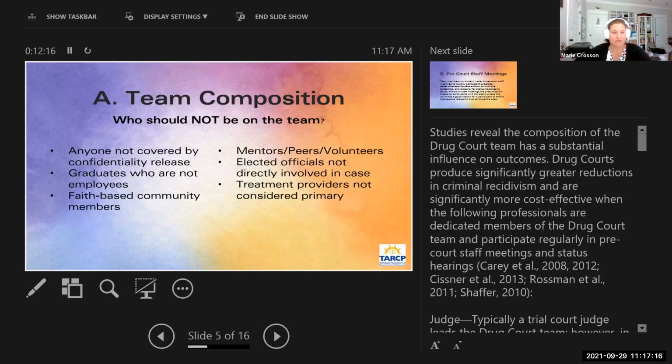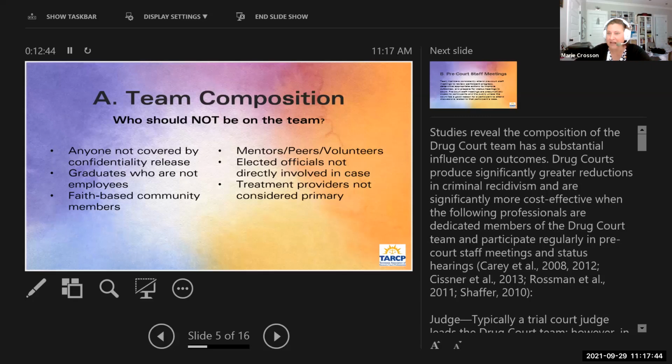Faith-based community members, okay? You can have people that are part of the larger support system of your team and of your program, but unless a faith-based community member is also providing treatment services, housing services, any of these services specifically on a case plan or a treatment plan, then that person should not be sitting on your team.